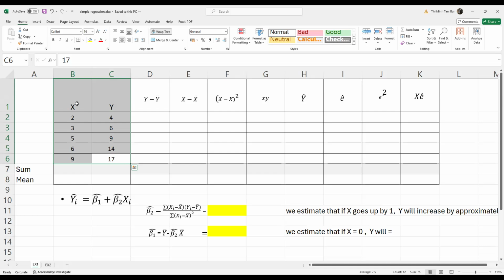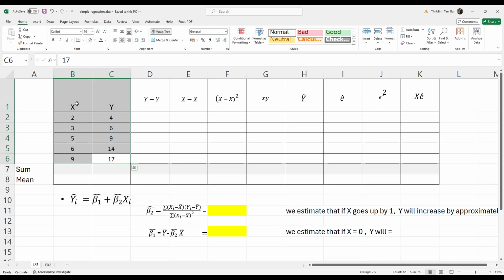So after you get any data and you would like to know the relationship between the two variables, you select y and x first. Select all the data by left click and drag, something like this.